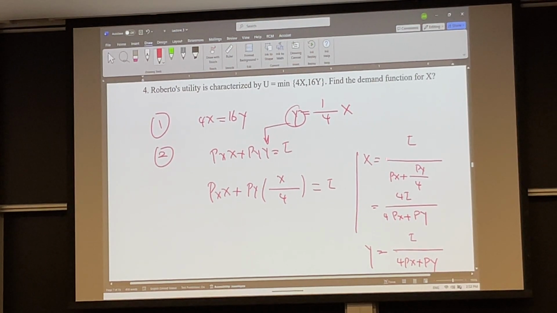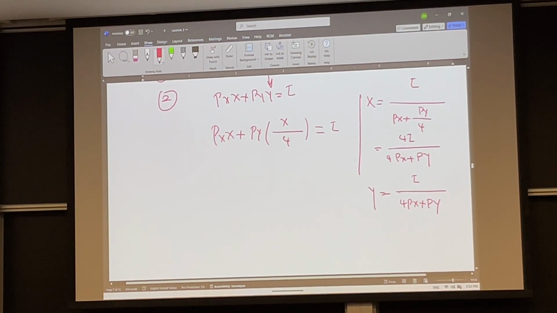Question 1. If you graph the demand for x, how does it look like? Is it a curve? Is it a line? Is it downward sloping? Is it convex? Is it concave?